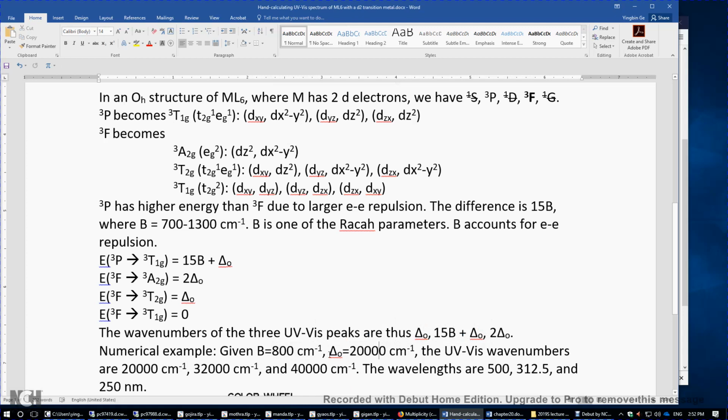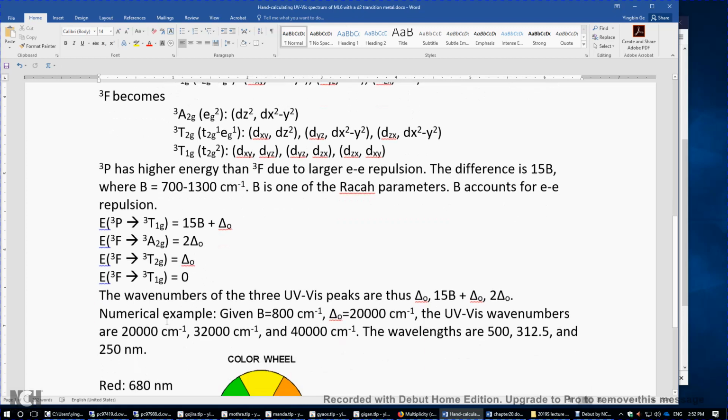The wave numbers of the 3 peaks are simply from 0 to delta O, it's just 20K. From 0 to 15B plus delta O, that's 32K wave numbers. From 0 to 2 delta O, that's 40K wave numbers. And with the wave numbers, we can easily compute the wavelengths in nanometers.